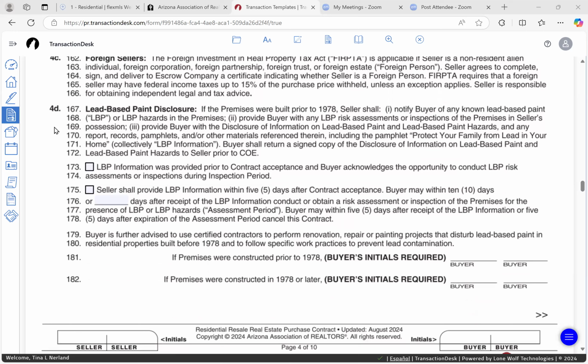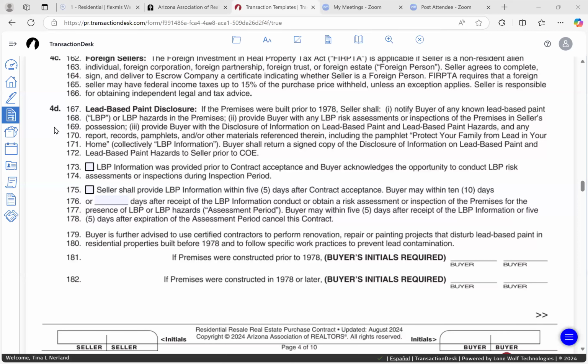Lead-based paint disclosure. If the premises were built prior to 1978, the seller shall notify buyer of any known lead-based paint or lead-based paint hazards to the premises, provide buyer with any LBP risk assessments or inspections on the premises in seller's possession, provide buyer with the disclosure of information on lead-based paint and lead-based paint hazards, and any report, records, pamphlets, or other materials referenced herein, including the pamphlet Protect Your Family from Lead in Your Home, collectively the LBP information.